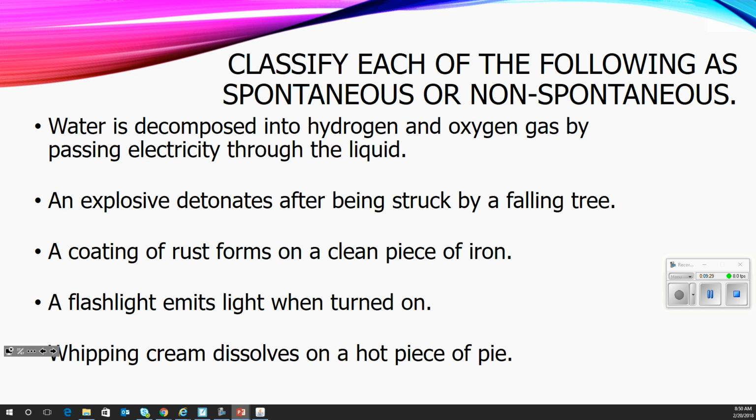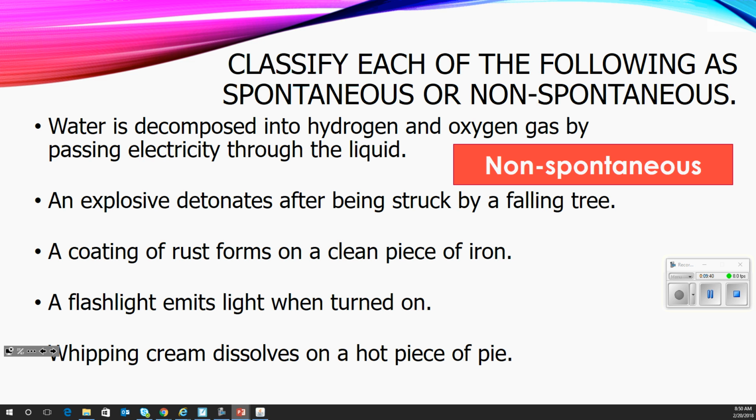Okay, so water is decomposed into hydrogen and oxygen gas by electricity passing through it. Spontaneous or not spontaneous? Non-spontaneous. If it was spontaneous, we'd have a hard time drinking water, right? Okay, an explosive detonates after being struck by a falling tree.